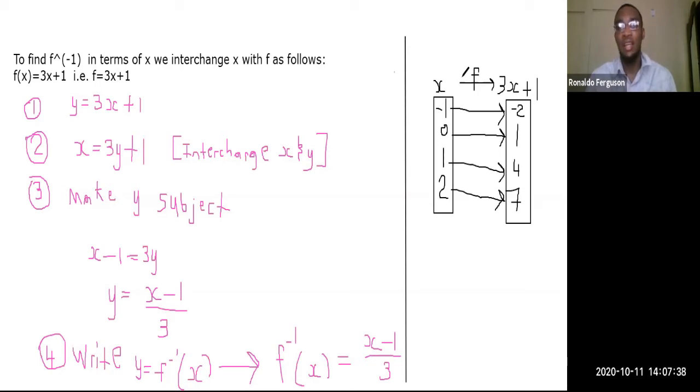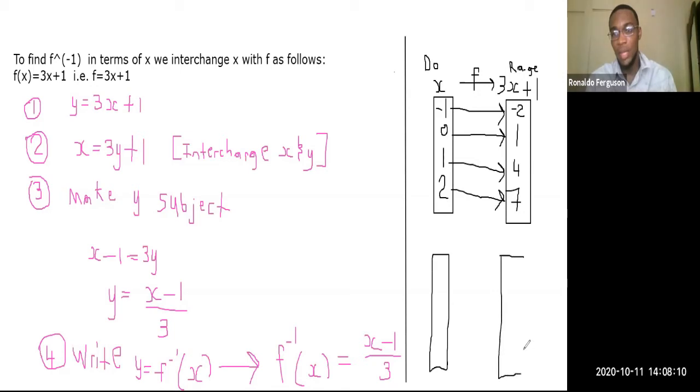Now in order to find the inverse relation, remember this is the domain. x is your domain, and 3x plus 1 is your range. What the inverse does is it maps the range back onto the domain.